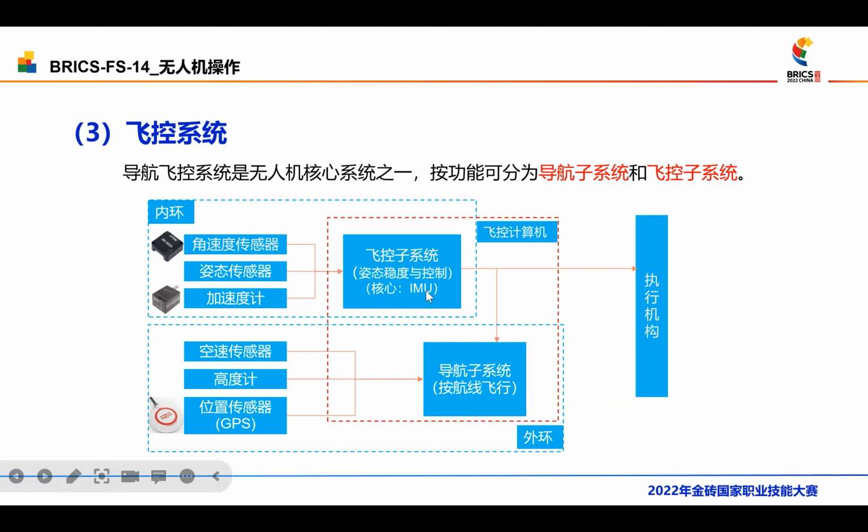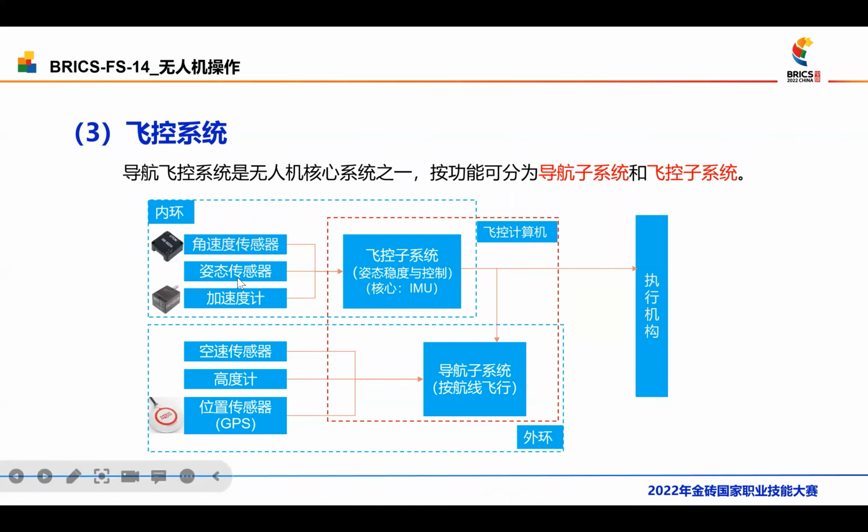Here comes the flight control system. It is mainly used to measure the attitude stability and control of the UAV. Its core is the IMU, inertial measurement unit, which is mainly composed of an angular velocity sensor, attitude sensor, and accelerometer.